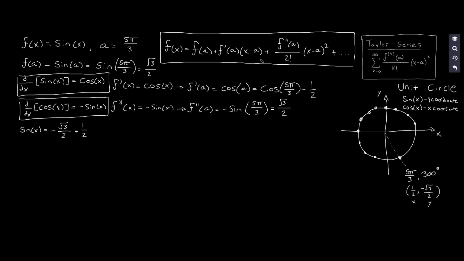But then we have to multiply it by the binomial x minus a, but instead of a, we're just going to put 5 pi over 3 inside of those parentheses there.